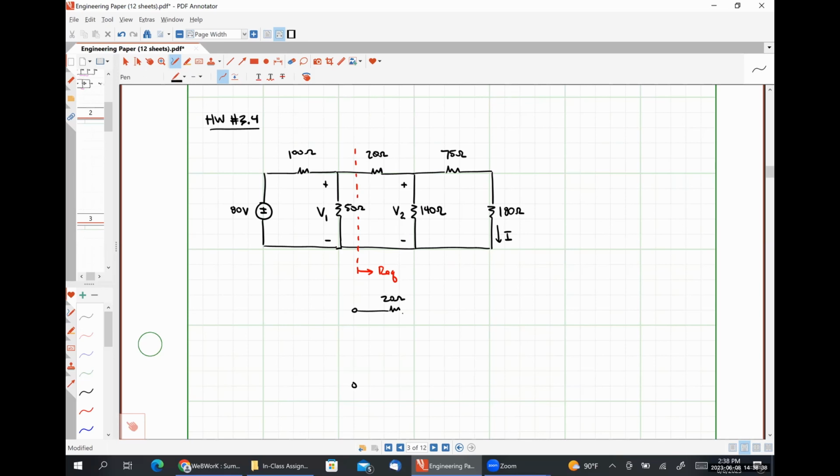So that would look like 20, 140, 75, and I wrote down 180, but in my problem, I think it says it's 480, so let me correct that really quickly. Yeah, 480.